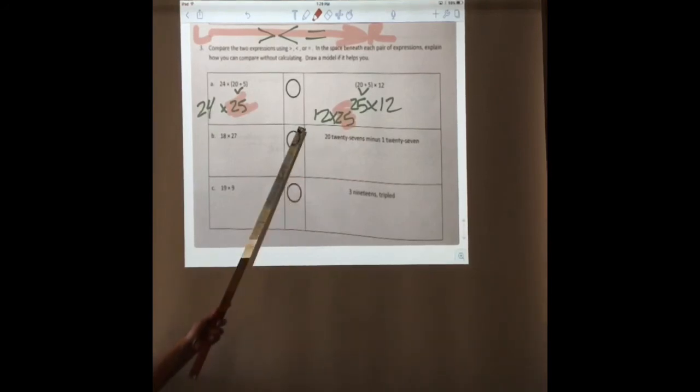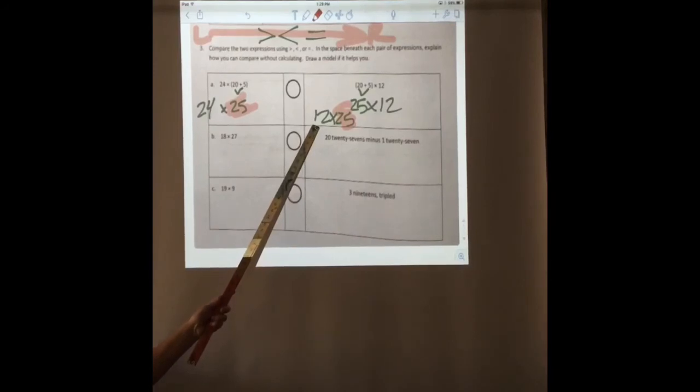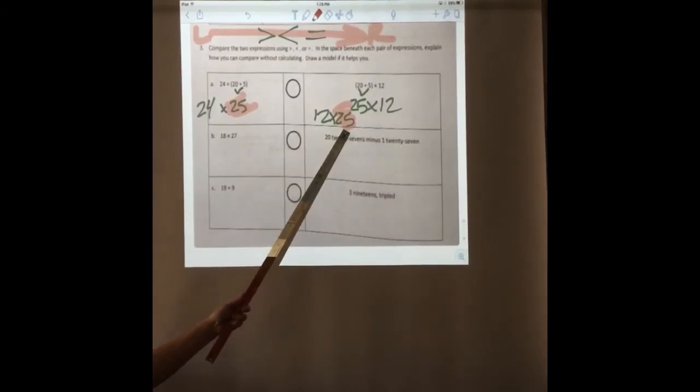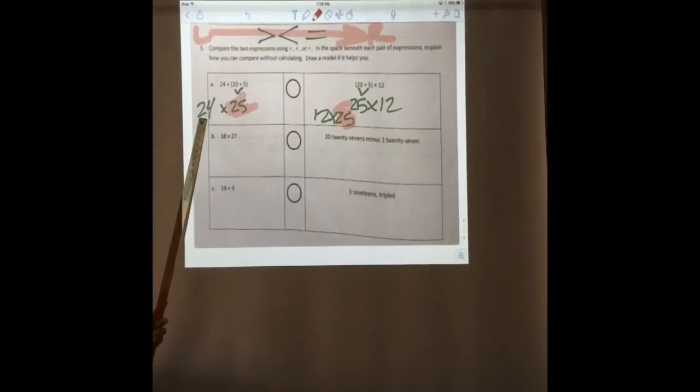We have 12 25s on this side. We have 24 25s on this side. What do you think it would be? Less than, greater than, or equal to? Greater than. Yes, it is greater than. Why? Because 24 is bigger than 12, right? Actually, it's how much bigger? 2 times. It's 2 times as big. You're right.